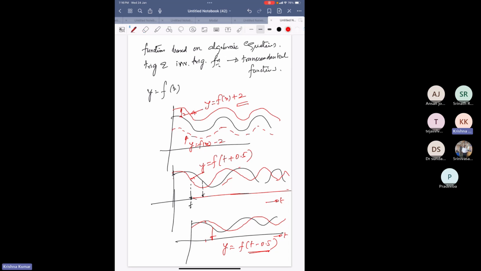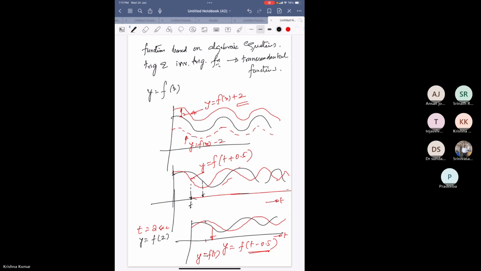Let's understand this carefully. Suppose I look at a function. The original equation is y equal to function of t. Suppose I take t equal to 2 seconds. The original is y equal to the function at 2.